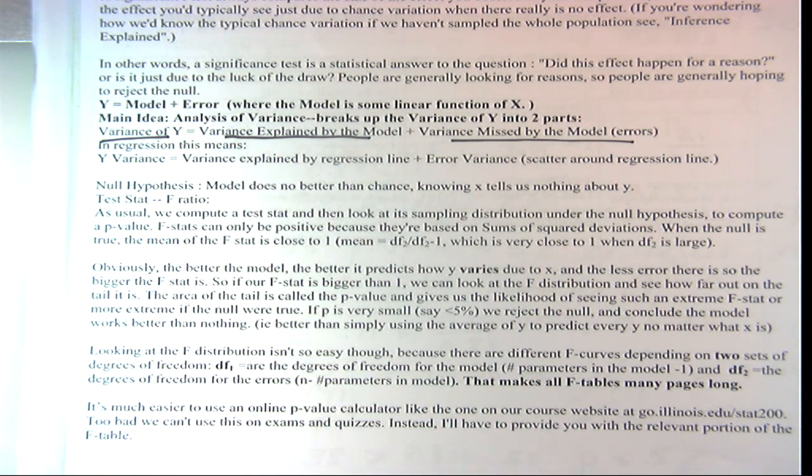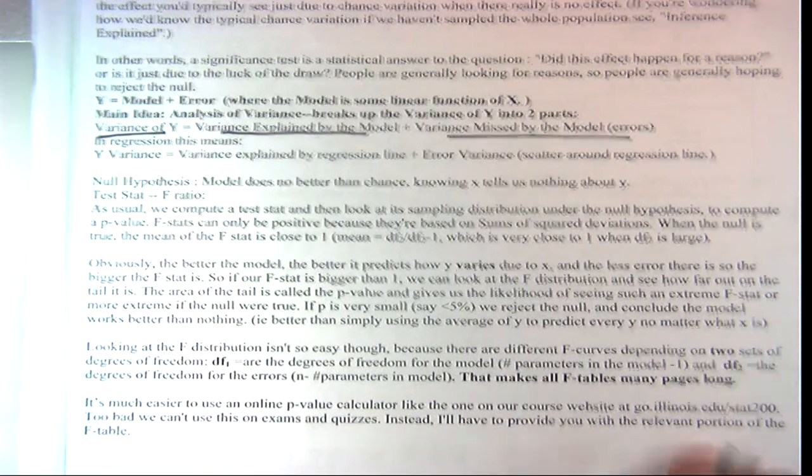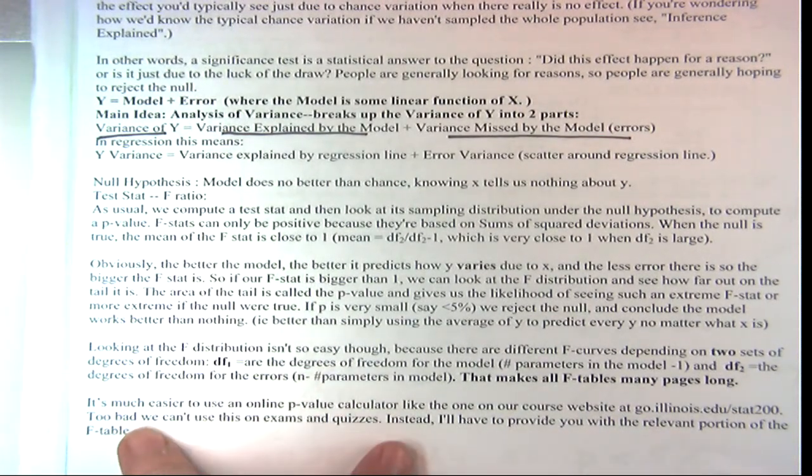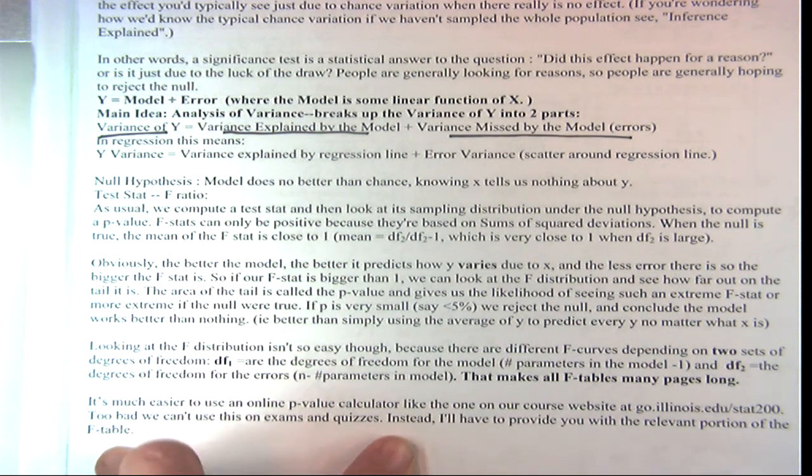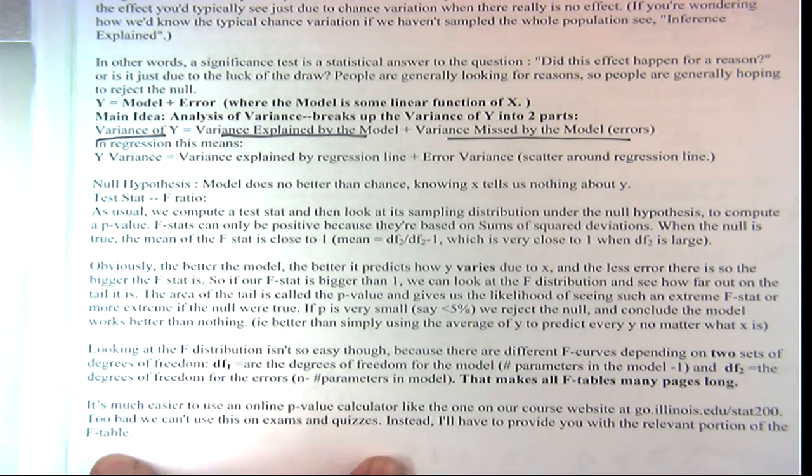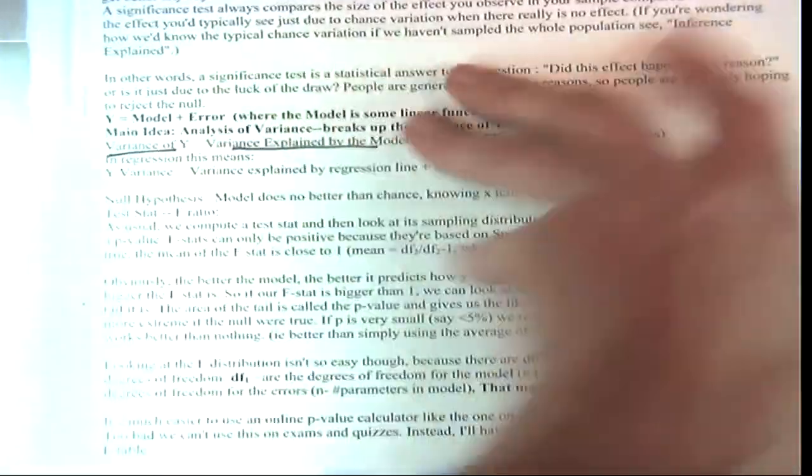Your sample size minus every predictor variable plus your intercept. So it's much easier to use the p-value calculator because those tables are many pages long. But unfortunately, on the exam, you can't use your p-value calculator, so you have to learn how to use the tables as well. And that's what you learned last time.